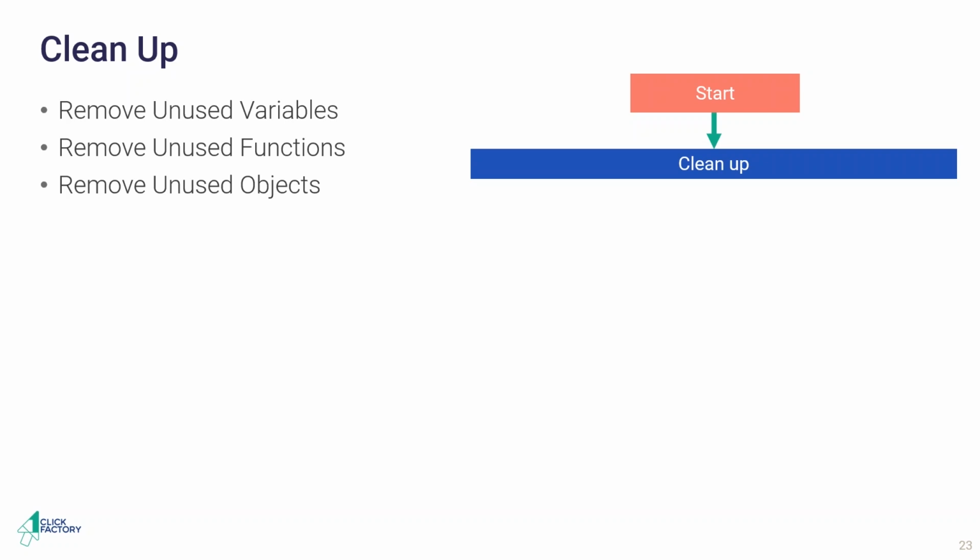For example, we remove the unused variables, the unused functions, and the unused objects, and we do everything still on CAL. We do the cleanup because later, when we move from CAL to AL, we will have a lot less to reimplement if we remove stuff that is no longer relevant to your specific solution. And when we have done the cleanup, it's time to start moving from CAL to AL.